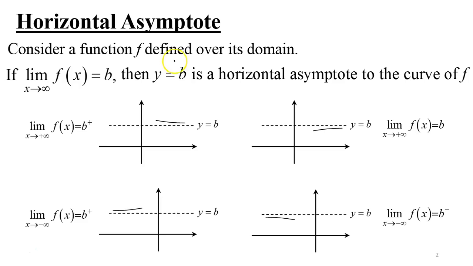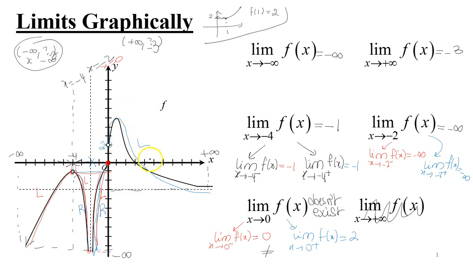So referring back to the previous example, you'd notice that y equals -3 is a horizontal asymptote because the limit at positive infinity was equal to -3. So at positive infinity, having a limit of -3 means that the curve will keep on going downwards and approaching y equals -3 without ever touching it.